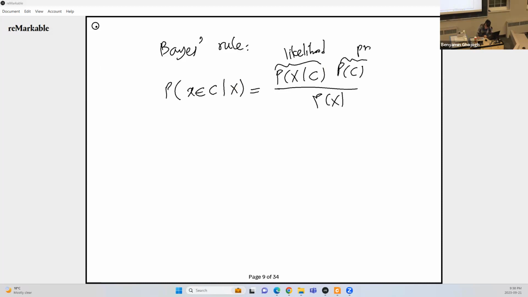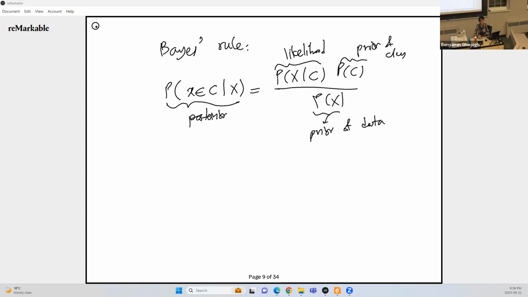This is the prior of the class. This is the prior of the data, the whole data, regardless of classes. This is called the posterior. I think it's obvious for you why.